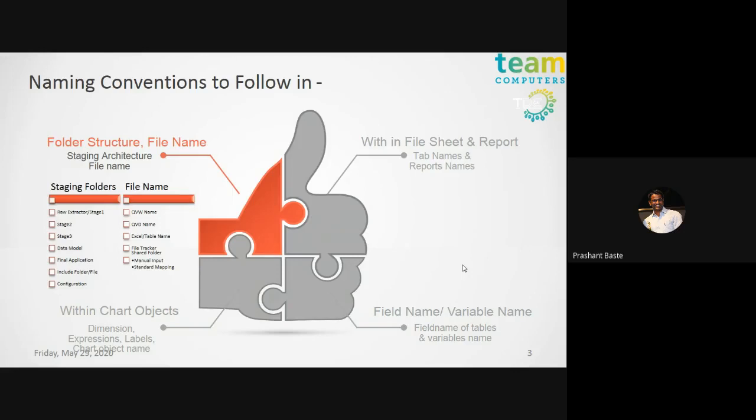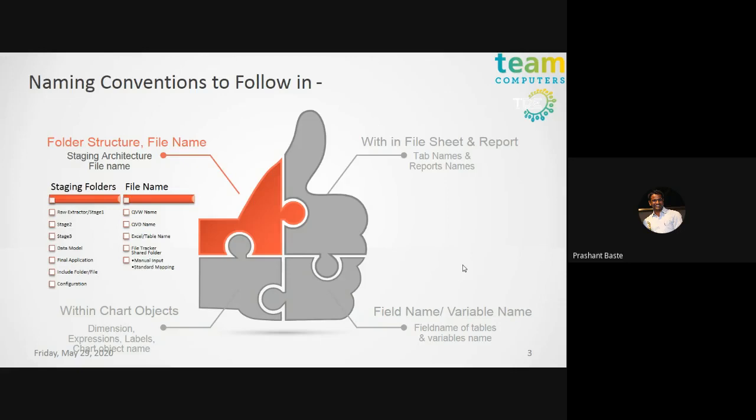When we come to the folder structure, the majority of us are from the IBI training. So we have studied that we should have the raw extractors, which can also be called stage one.